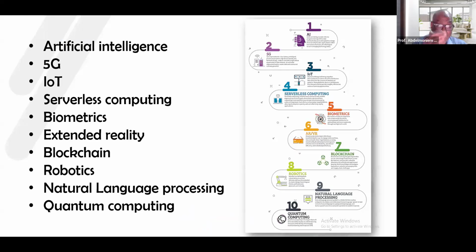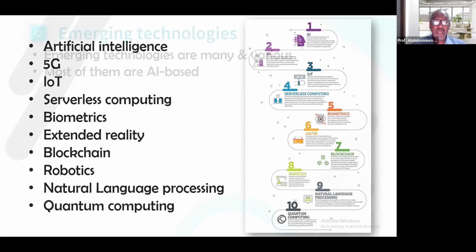These 10 I listed here are all AI-based. Artificial intelligence and natural language processing are the topics of today. But Internet of Things, 5G, serverless computing, quantum computing, robotics and blockchain are all emerging technologies based on artificial intelligence.